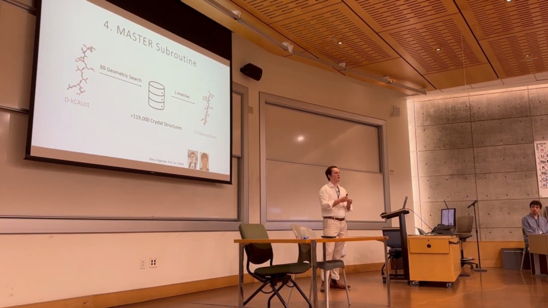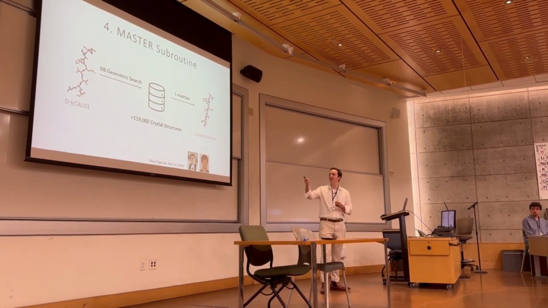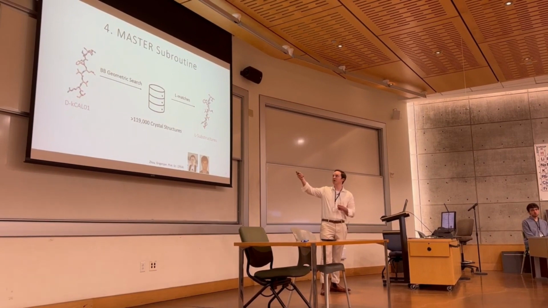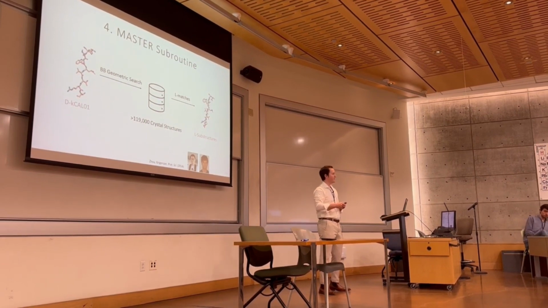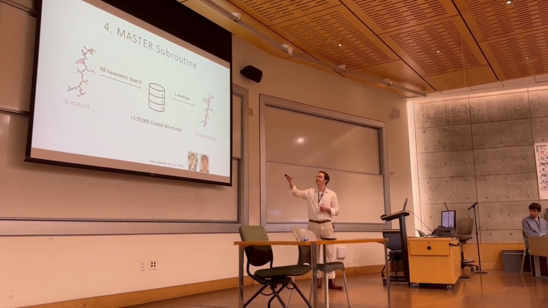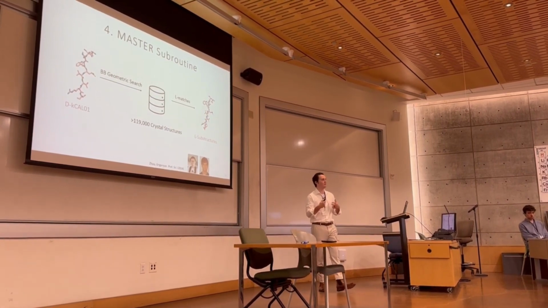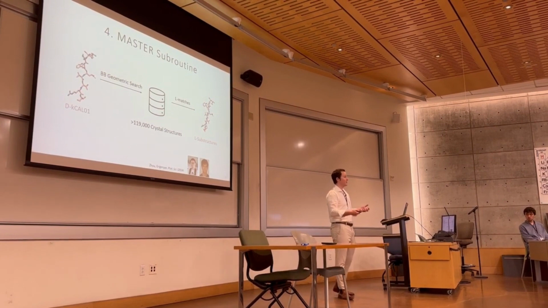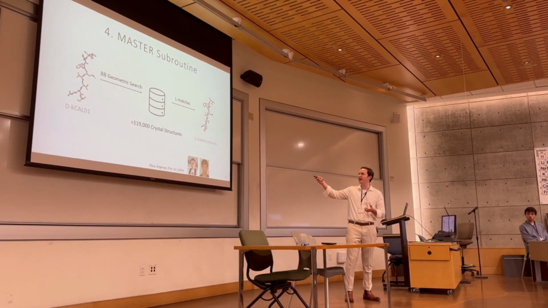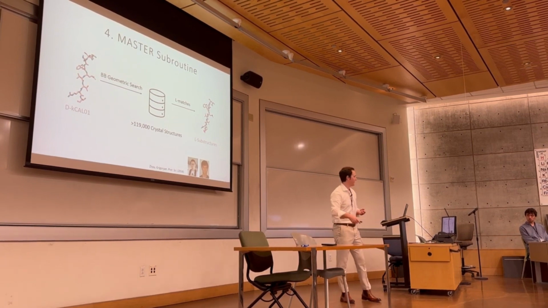And what it's doing is aligning the alpha carbons in the backbone of DKCal01 to structures in our database, and it's returning L peptides that look like our query of DKCal01. So this is how we're generating a synthetic structural data set using a substructure search. And these are all mined, high quality, I believe 2.5 angstroms and lower, crystal structures from the PDB.